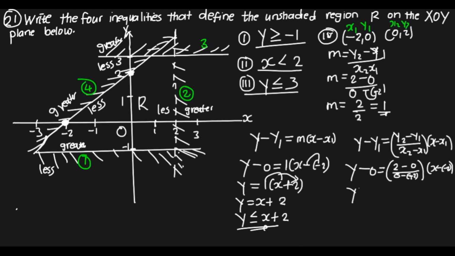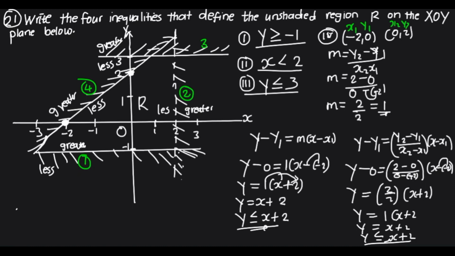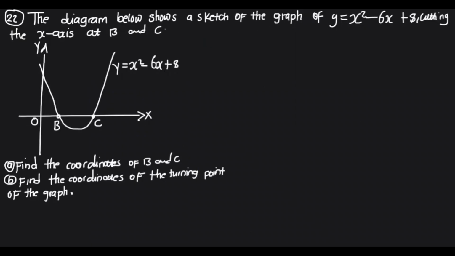So if we do 1 minus 0 is just y, 2 minus 0 is 2 over 2, then x negative times negative, we get positive 2, which is here we have 1 x plus 2. So we can see that we are getting the same answer, which is y less than or equal to x plus 2.